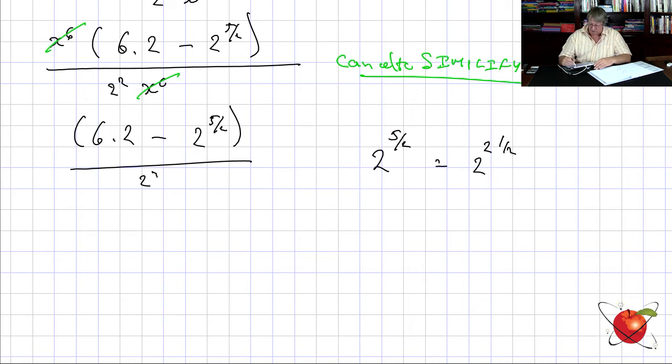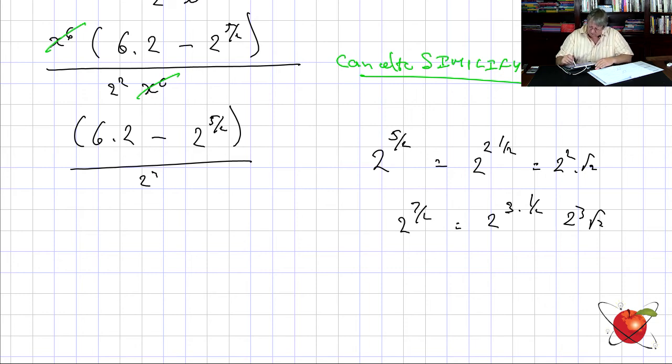There we go. 2 times 2 is 4, plus 1 is 5. Let's say it was 2 to the power of 7 over 2. That would be 2 to the power of 3 times a half, wouldn't it? Because 6, 7. This is the same as 2 squared root 2. This is 2 cubed root 2, is it not?